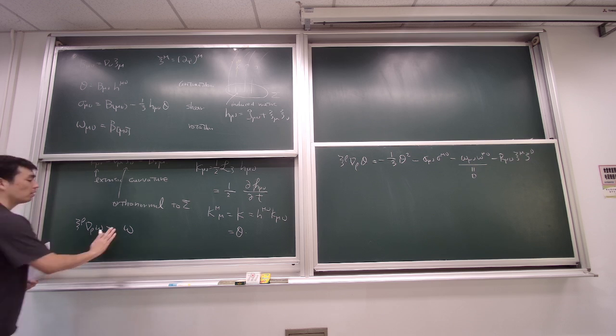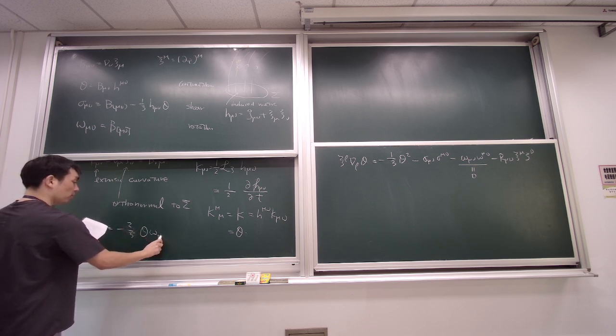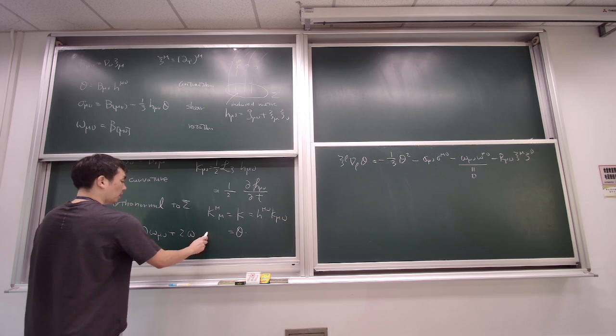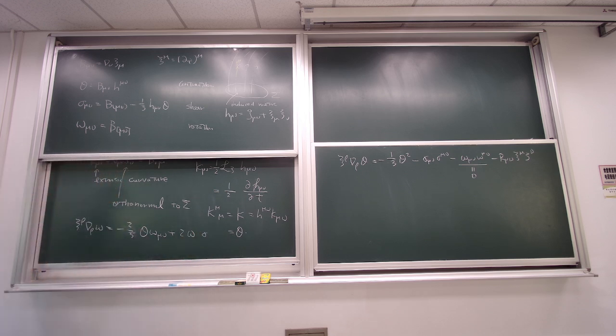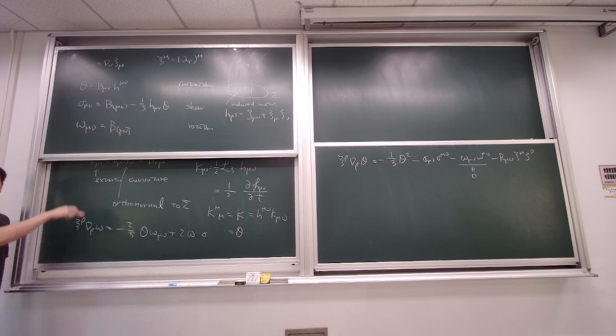Yes: minus 2/3 θ ω_μν plus 2 times ω and σ. The indices I'm not going to write. So if the initial condition ω is 0, its left-hand side is always 0. Therefore, along the timelike geodesic congruence, ω stays 0. So it never rotates.